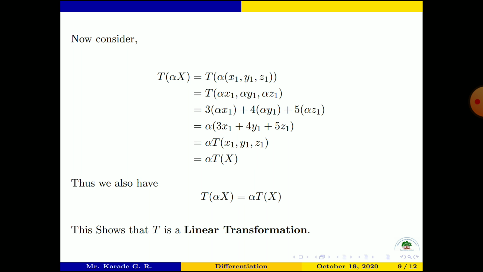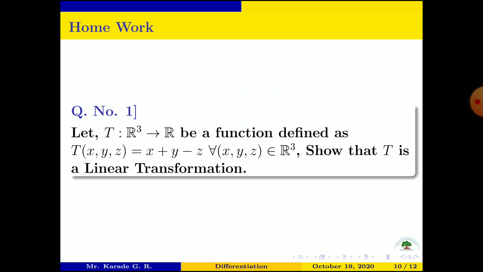Now let us give you homework. In this we have given one question to solve at home. Let T from R3 to R be a function defined as T of (x, y, z) equal to x plus y minus z for all (x, y, z) belonging to R3.